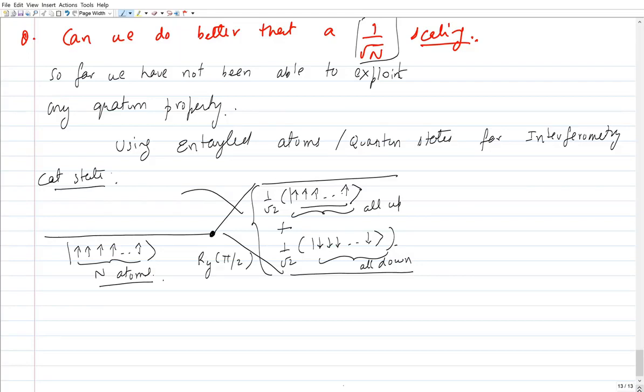So now what do I do? I hit the state with my Hamiltonian, which was again the same guy, sigma z on all of them, tensor all of them. What do I get? Each of the atoms is going to pick up a phase depending upon the orientation of its spin. So after I hit it with the Hamiltonian or the unitary e to the power of minus i H t over h bar, and let me call it my cat state.